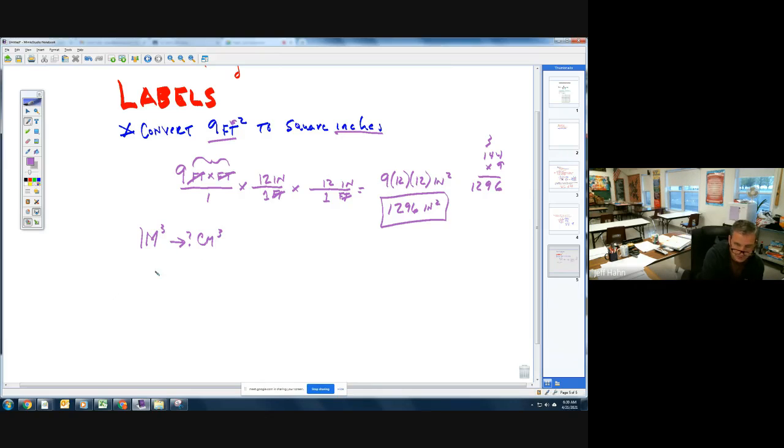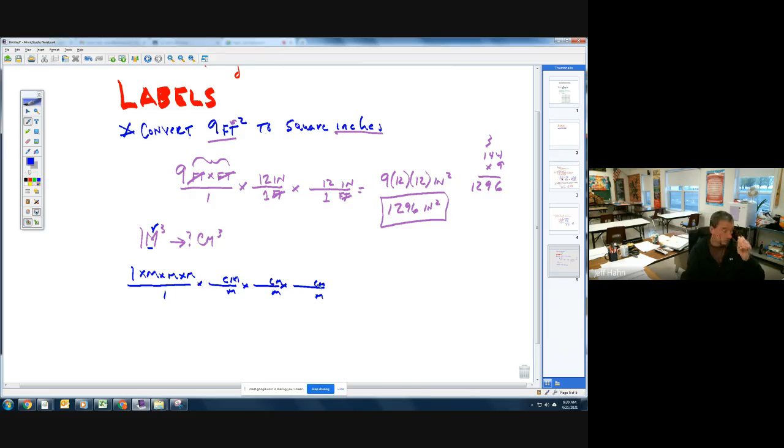Again, following the rules, the 3 does not go with the 1, it goes with the label meters, so I need to cross off 1 meter times meter times meter, and I need a unit multiplier to cross off with each of these m's. So we have 1, 2, 3, and I'm converting it into centimeters, centimeters, centimeters.